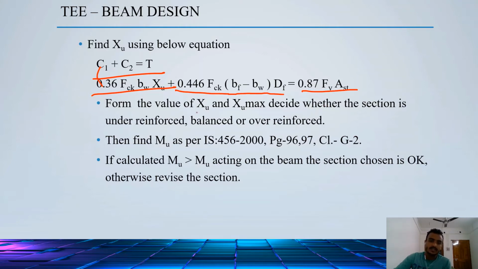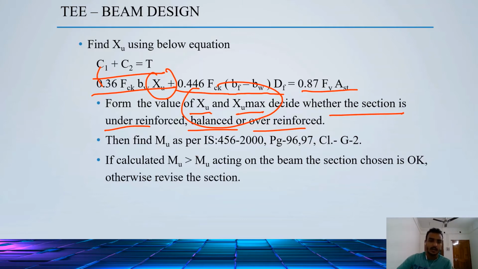By this equation we can find out XU, and XU max. By this XU and XU max we can decide which section it is: under reinforced section, balanced section, or over reinforced section.